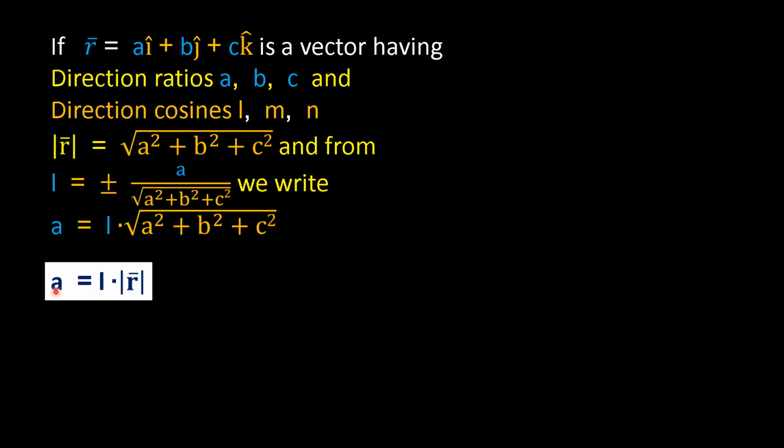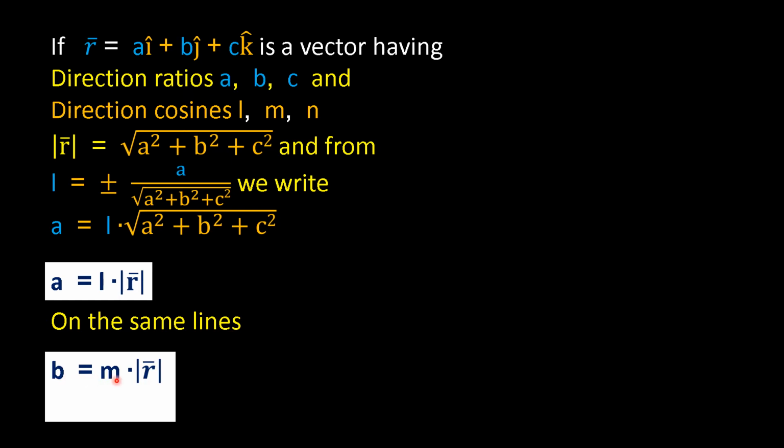So we get a equals l times mod r bar, and on the same lines we can get two more relationships: b equals m times mod r bar and c equals n times mod r bar.